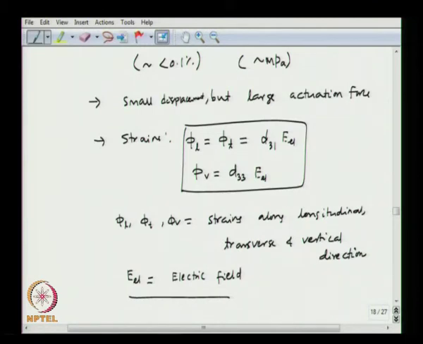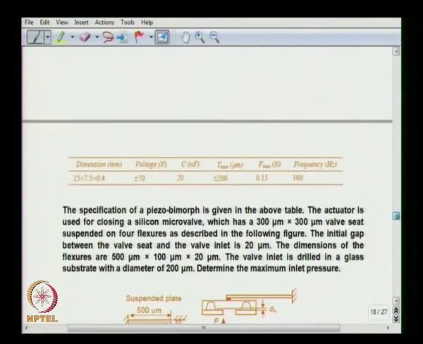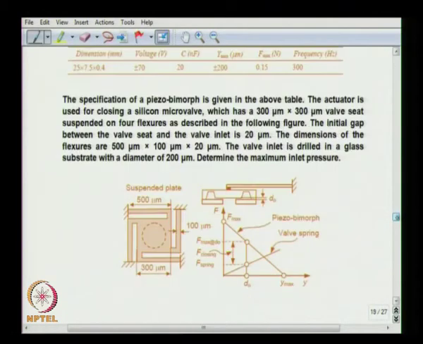So, now let us take a small example. Here we are specifying a piezo bimorph. So, you have a piezoelectric material made out of two different metals, and the properties are given here.